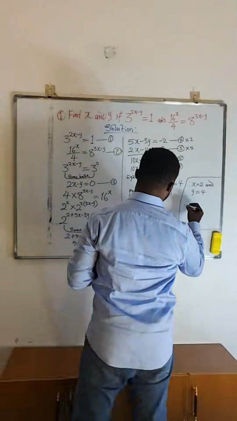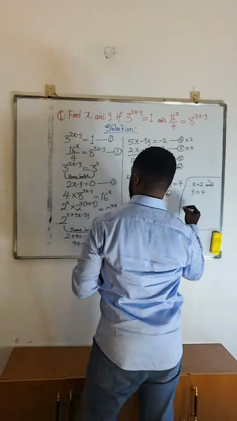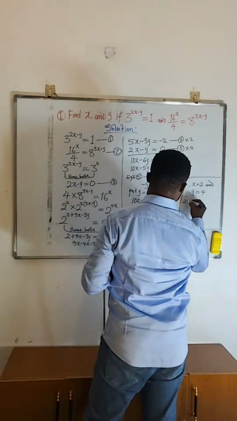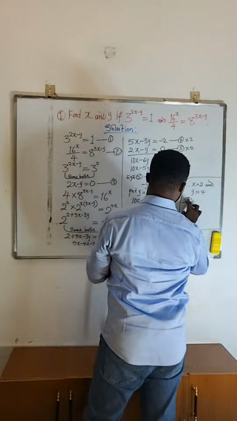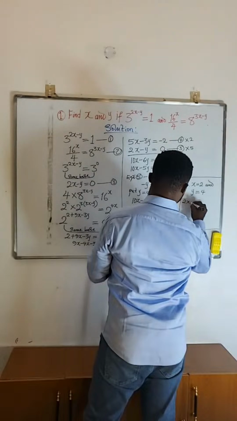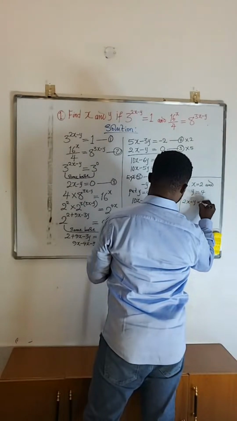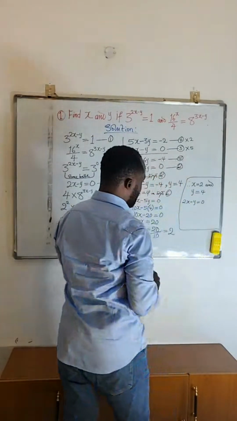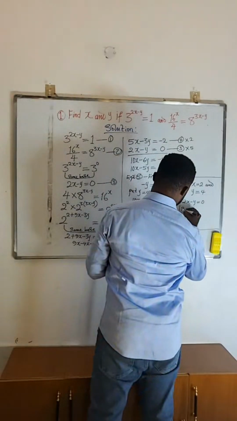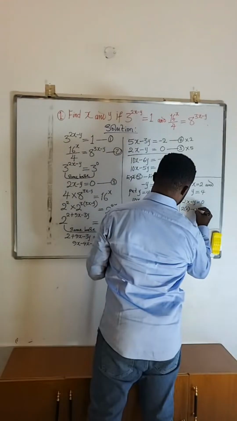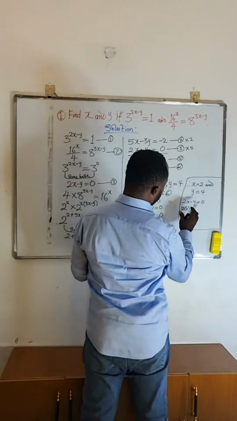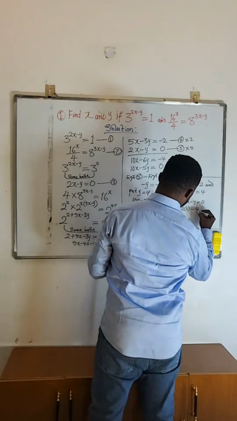Equation 3 is 2x minus y equals 0. Let's see. x is 2, so 2 times 2 minus y, which is 4, so we put 4 here.